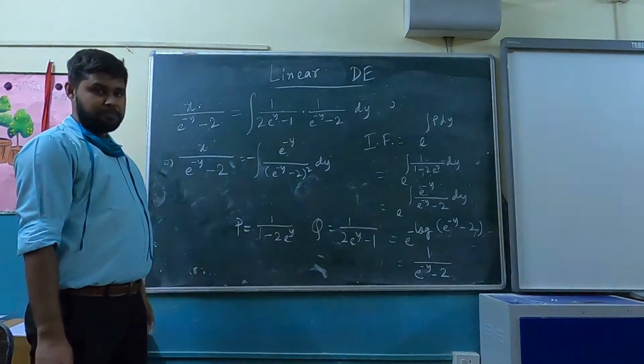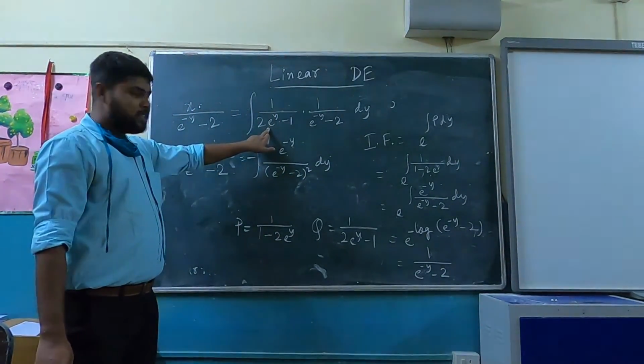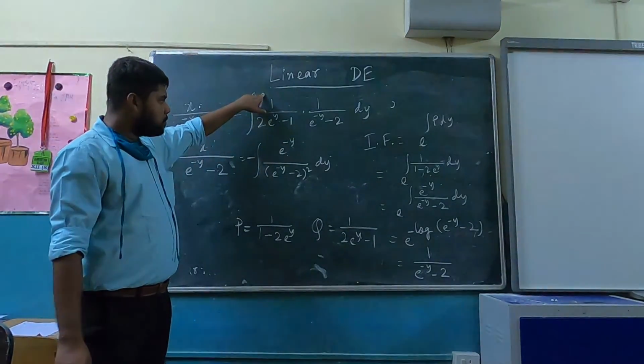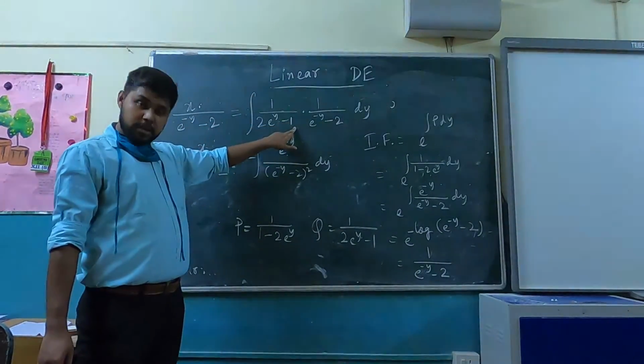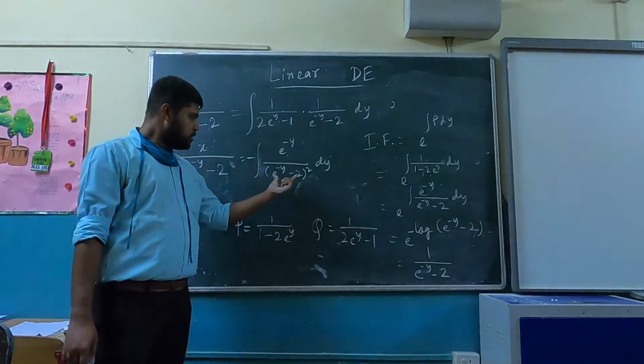This, just divide this by e to the power y, then e to the power minus y by 2 minus e to the power minus y. Take the minus common out, then you have this.